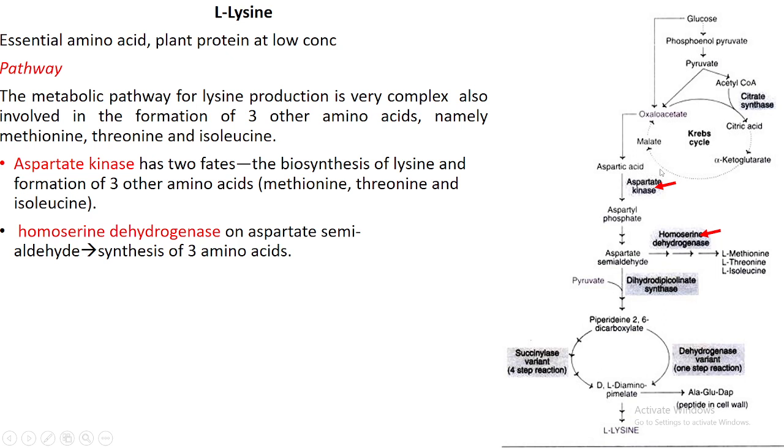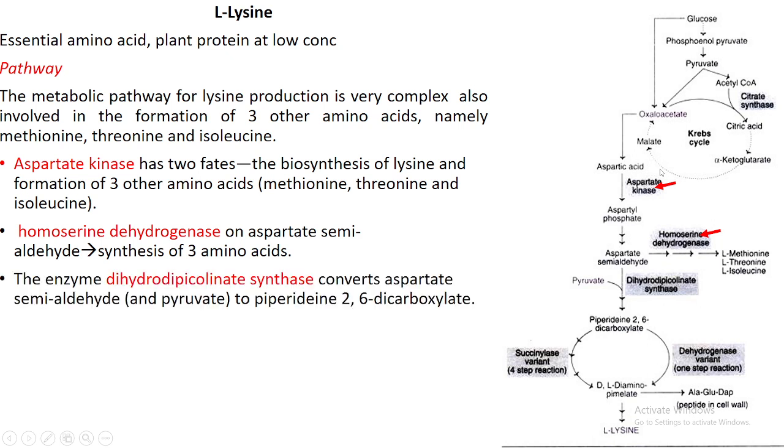So this particular enzyme should be very low if we want aspartate semialdehyde to go to the lysine biosynthetic pathway. Then we have dihydrodepicolinate synthase. When homoserine dehydrogenase is taking it towards the production of methionine, threonine, and isoleucine, dihydrodepicolinate synthase is taking aspartate semialdehyde to the lysine biosynthetic pathway.